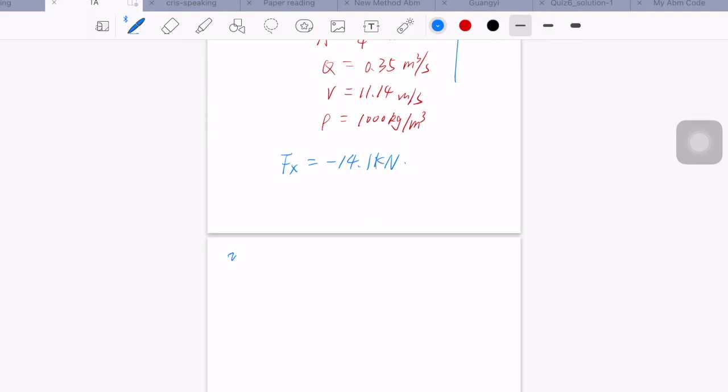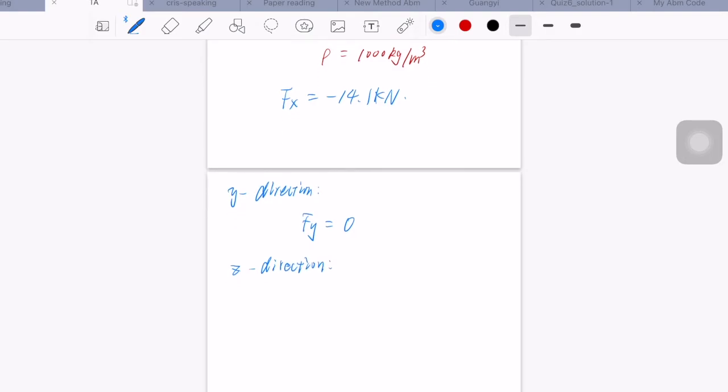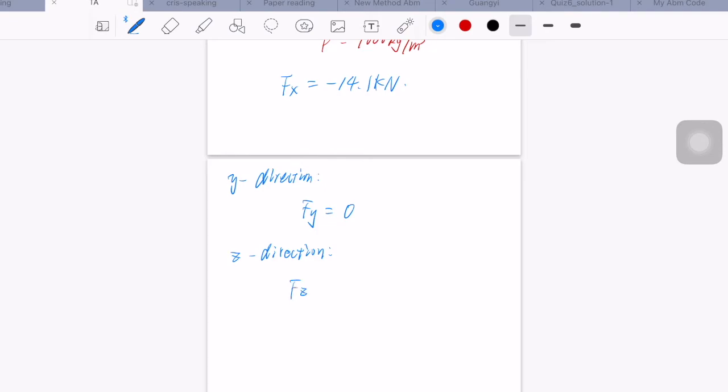And in the y direction, we can get that Fy is equal to 0. In the z direction, we have that Fz should be equal to the weight of the bend plus the weight of water.